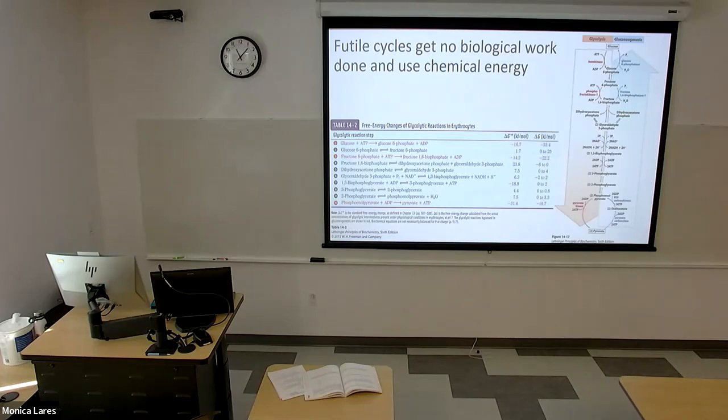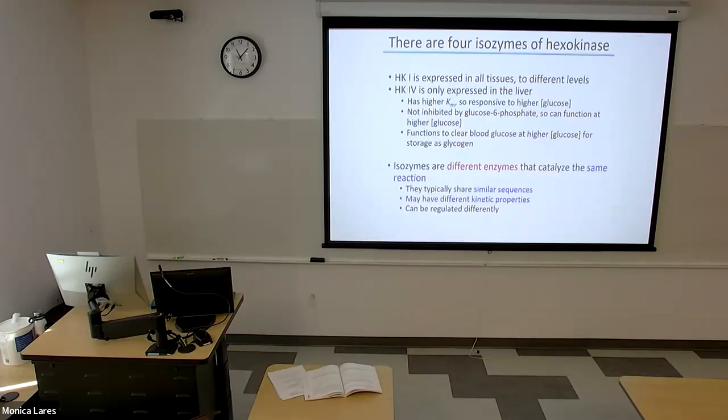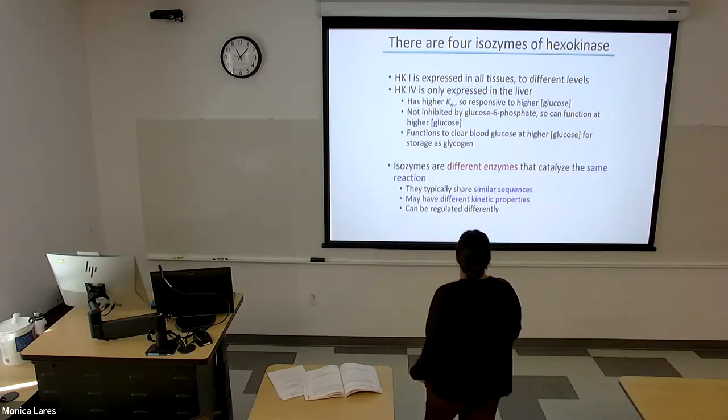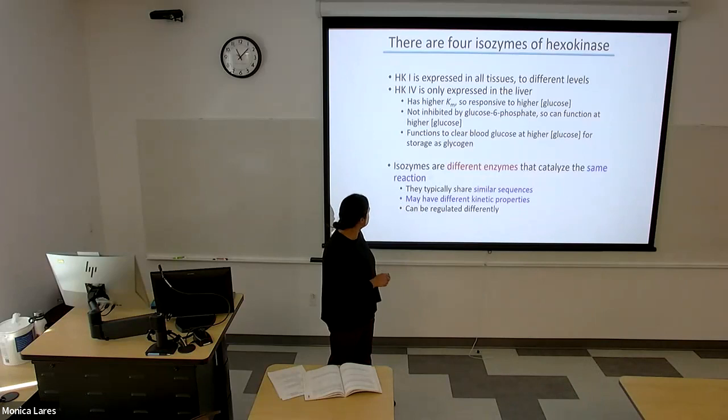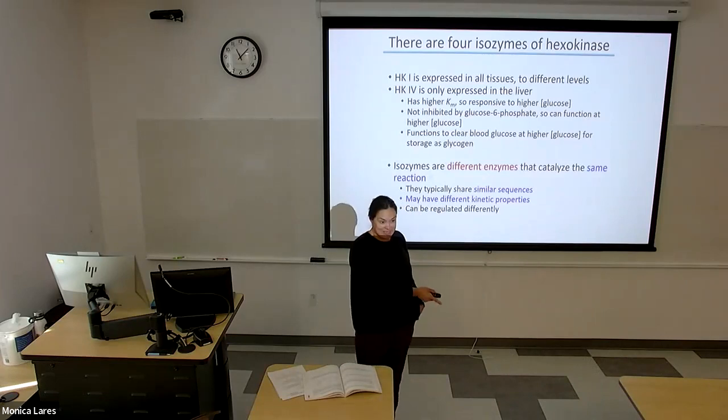It's going to inhibit the enzyme and say, slow down, if there's enough of that glucose 6-phosphate around. It's not getting burned up. Okay. And again, the function is to clear blood glucose at higher glucose concentrations and then store it away as glycogen. All right, so this is what we looked at last Wednesday.